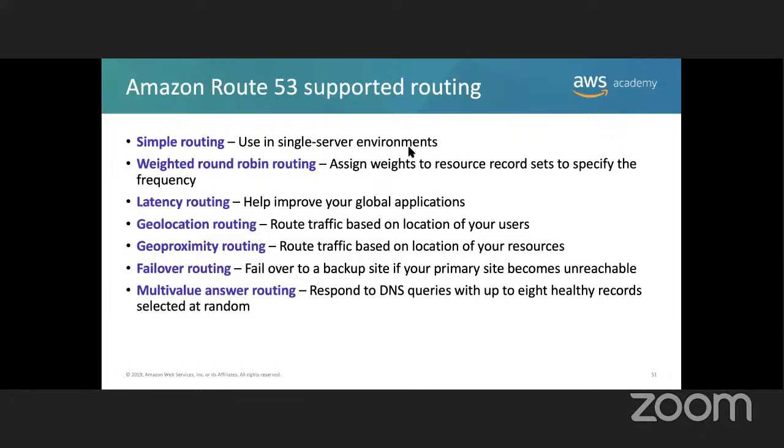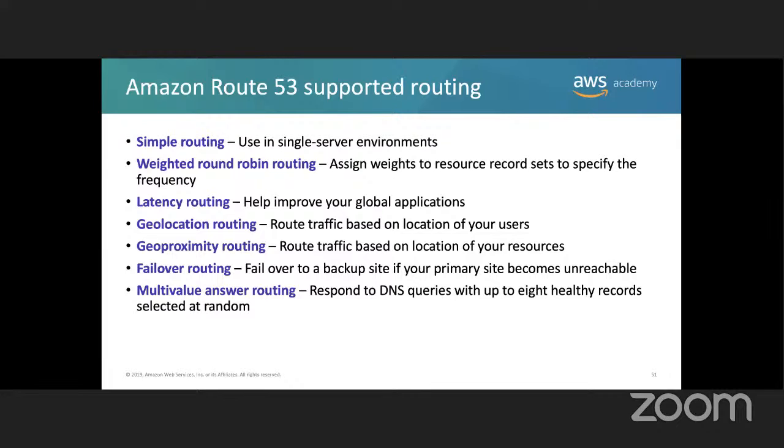So we use it for a single resource that performs a given function for your DNS domain, like a web server that serves content for the example.com website. It's only a single server environment, just www.example.com. It's the simplest routing policy, like you usually do. Just type a domain in a browser and you get a response, right?